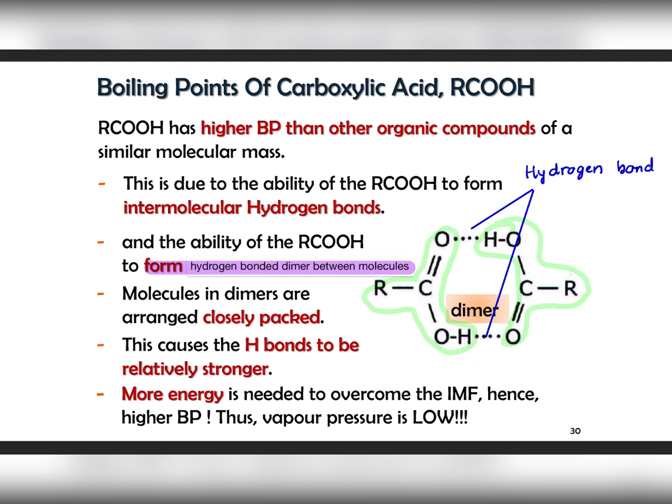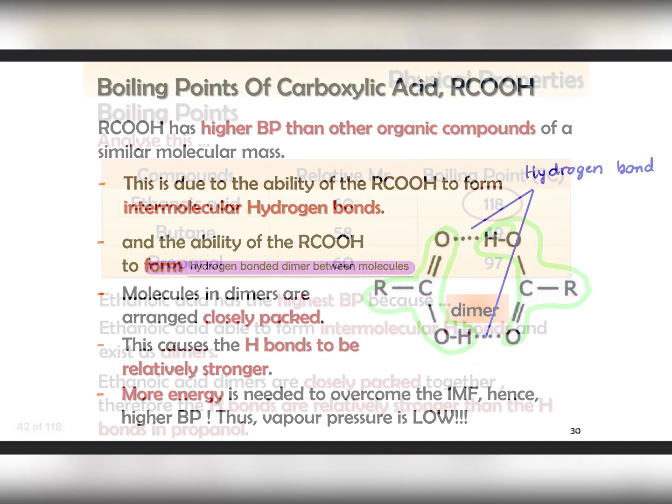So molecules in dimer, why? Kenapa kalau dimer ni dia higher boiling point? Why? Because they are arranged closely packed. Okay, dia sangat-sangat rapat. So this will cause the hydrogen bond will be much stronger. That is why we need more energy to overcome the intermolecular forces, and it will result in higher boiling point.